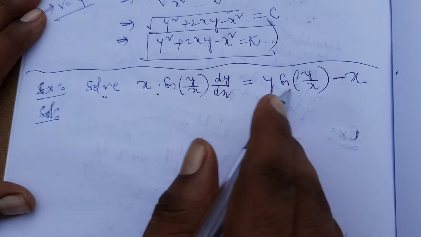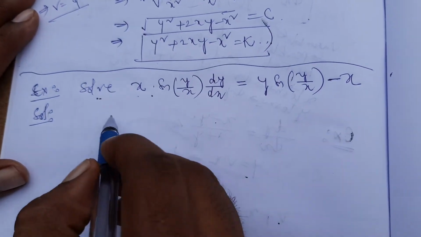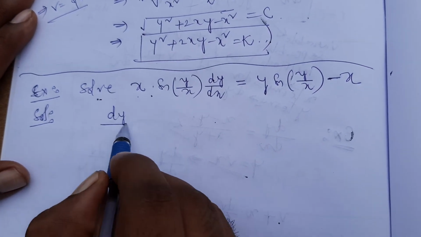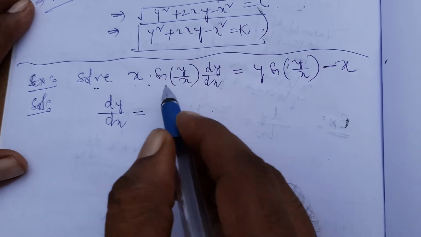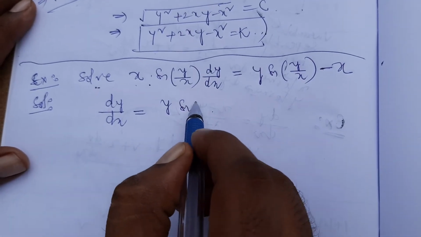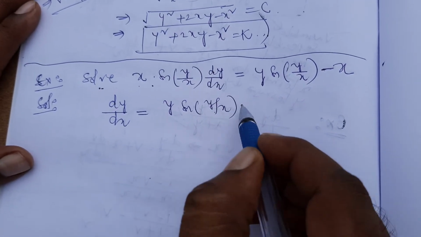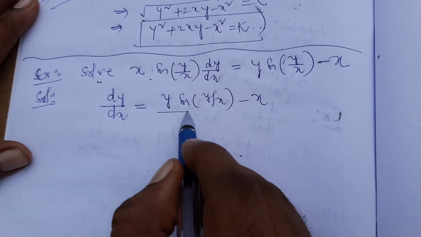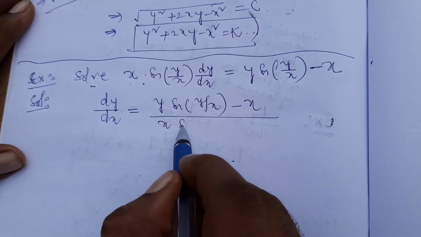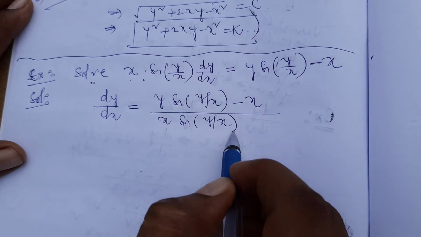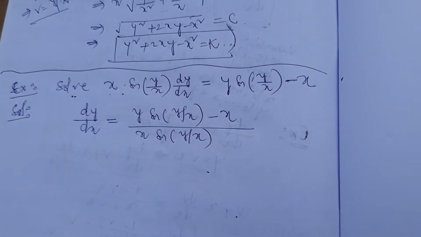Now first separate dy by dx from the given equation. dy by dx is equal to y into sin of y by x minus x by x into sin of y by x. Like this you will get it.